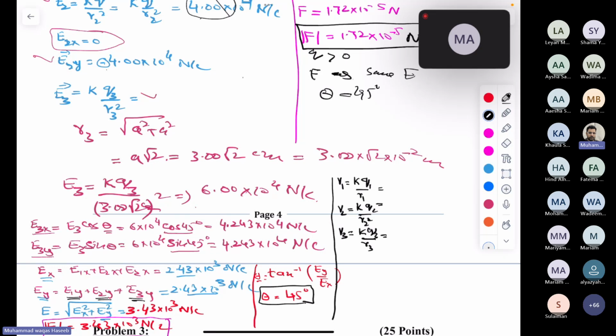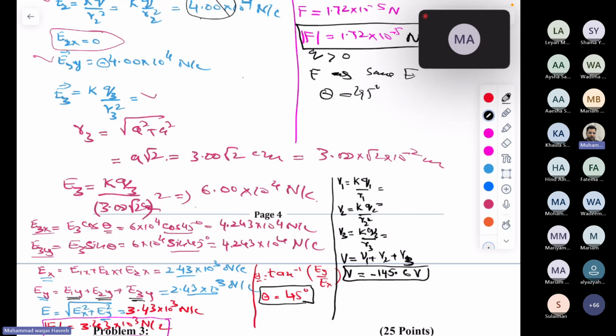When we substitute the values, we get the total potential by summing V1 plus V2 plus V3. Calculating these values, the total answer is negative 145.6 volt.